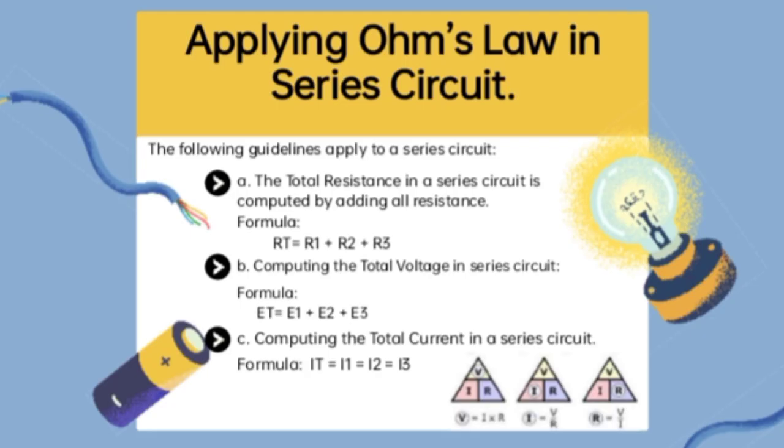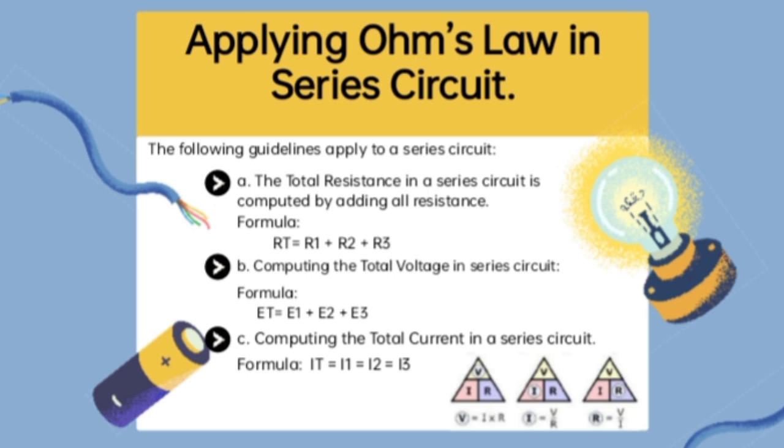The total resistance in a series circuit is computed by adding all resistances. The formula in computing the total voltage in a series circuit: total voltage equals E1 plus E2 plus E3. The formula in computing the total current in a series circuit is total current equals I1 equals I2 equals I3.